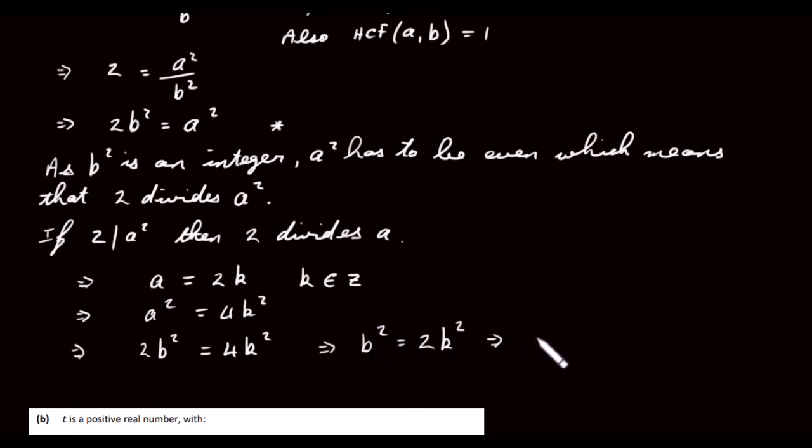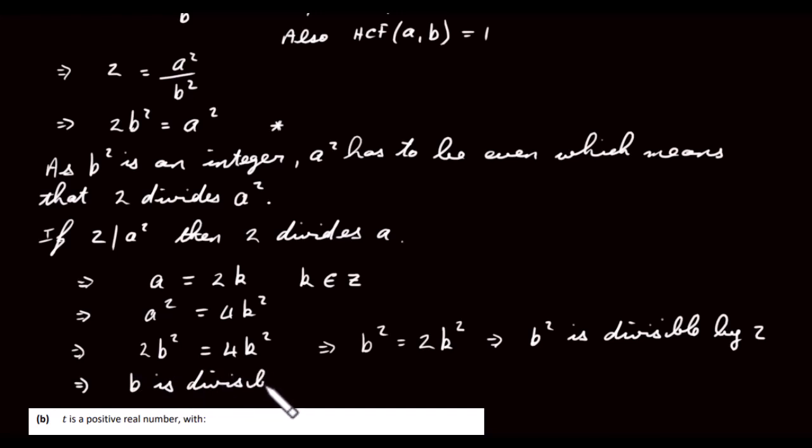This means that b squared is divisible by 2, which means that b is divisible by 2 also. If b squared is divisible by 2, then b is divisible by 2.